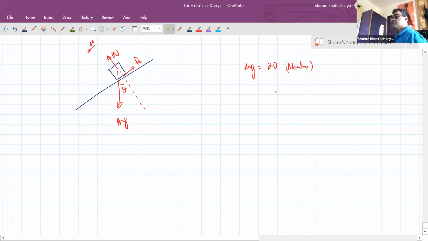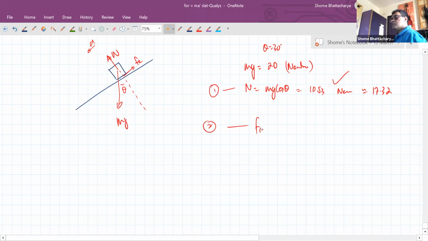Okay, so weight is 20 newtons. So how much is the normal reaction? Theta was 30 degrees. 10 root 3 newtons, or approximately you can say 17.32. And what about the kinetic friction?